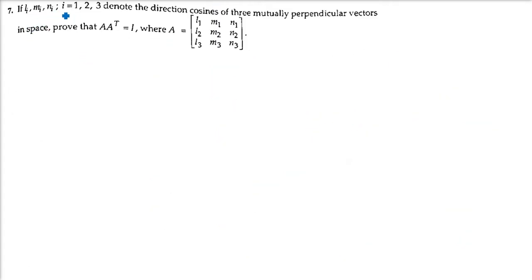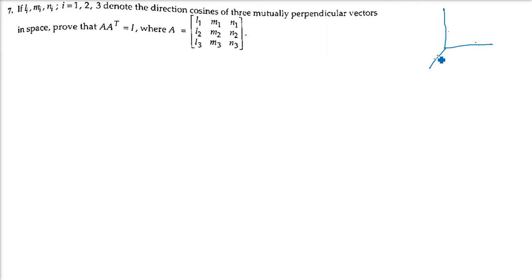If Li, Mi, Ni, for i equals 1, 2, 3, denote the direction cosines of three mutually perpendicular vectors in space, what are the relationships? Let me take L1, M1, N1, where the direction cosines are given, and always when we have 90 degrees, cos 90 degree is 0.